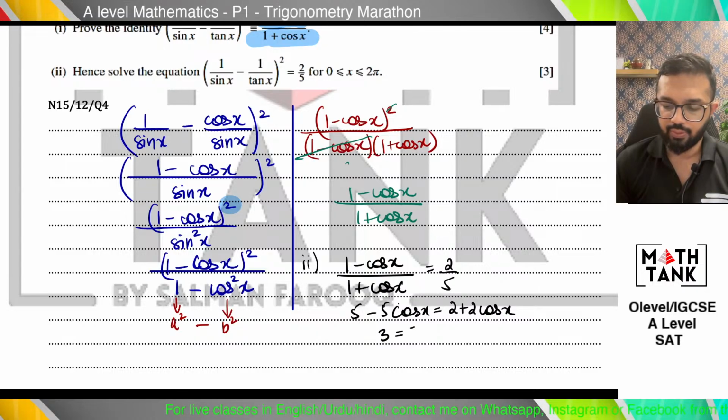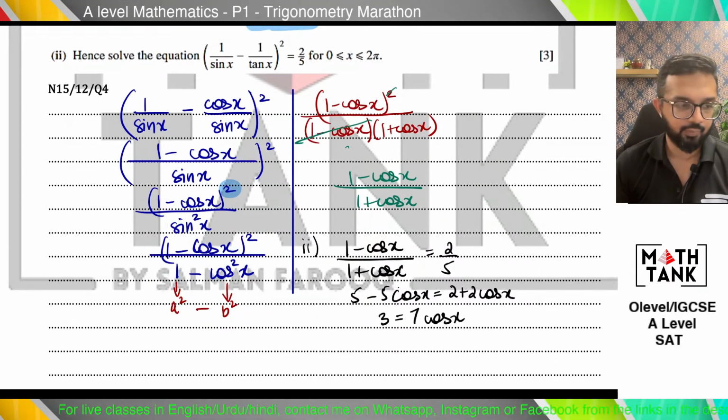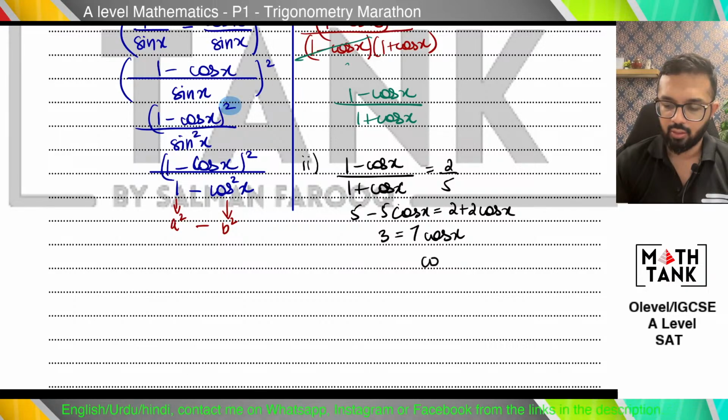Okay, so 3 equals to 7 cos x. Cos x equals to 3 over 7.